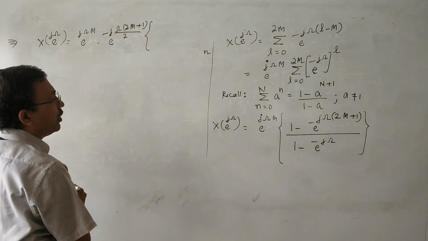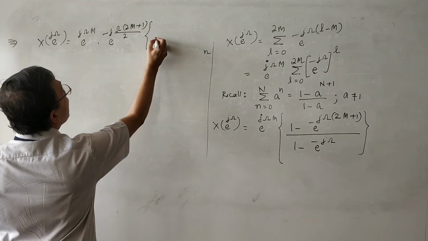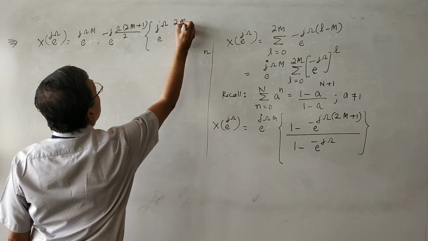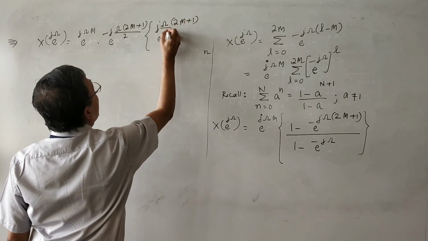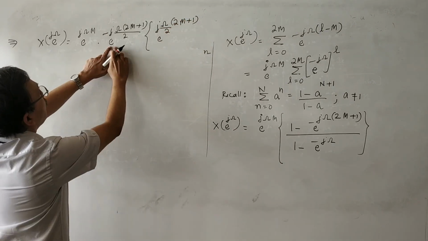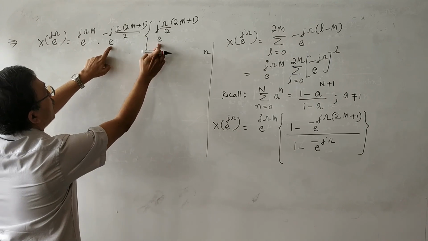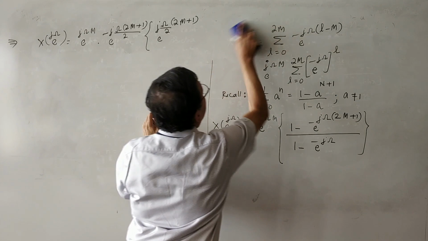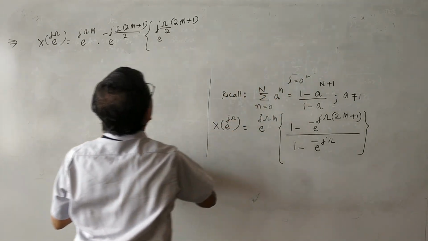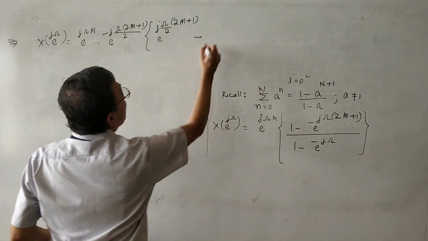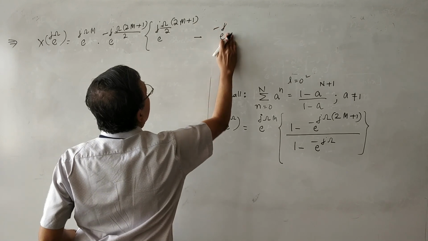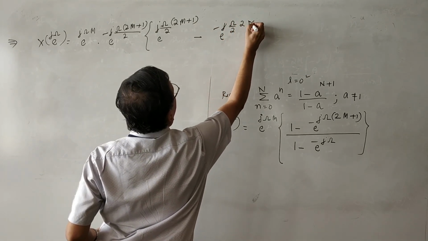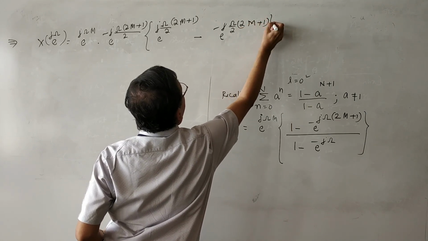Then what will be the terms in the numerator? e to the power j omega (2m plus 1) divided by 2. See, if you multiply these two exponentials, you get e to the power 0, which is 1. Minus e to the power minus j omega by 2 into (2m plus 1).